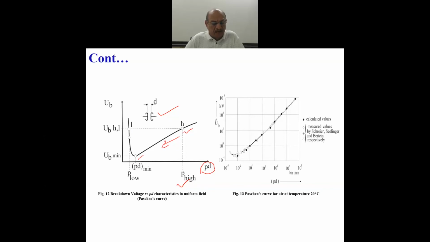You may read in the books. And then we create vacuum. When vacuum is created, the probability of an electron making impact ionization, which is required for the breakdown to be achieved, goes low again. Now, how can you force an electron to make more impact ionization? The only way is to increase its kinetic energy, for which a higher voltage is required to accomplish the breakdown.